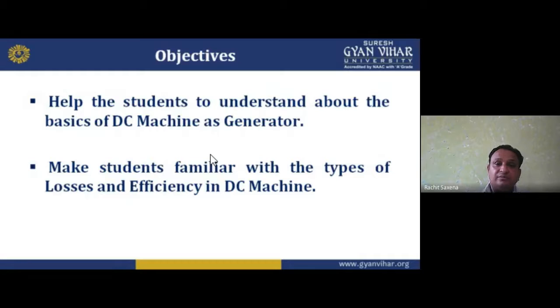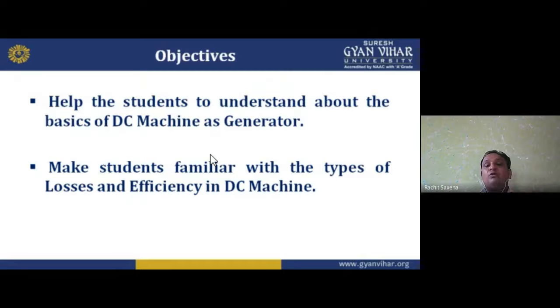Now moving forward, the objective is to help the student understand the basics of a DC machine as a generator. Why am I talking about the generator here, my dear students? Because when we talk about losses and efficiency, being electrical engineering students, we always talk about the electrical side. The output of the generator is electrical, so I am taking the generator here to understand its working.